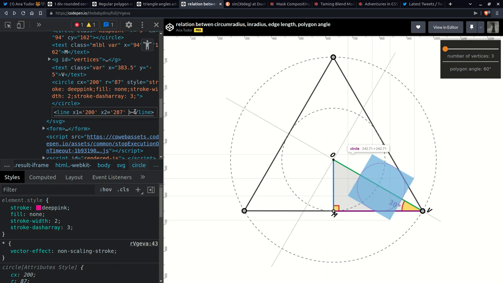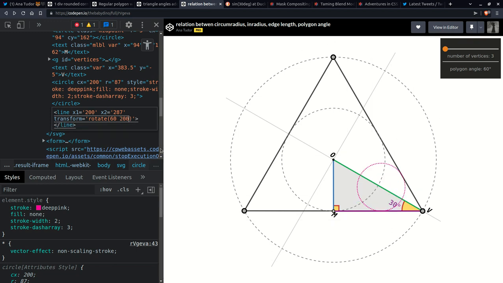like that. And then we're also going to have transform rotate by 60 degrees around that point 200, like that.